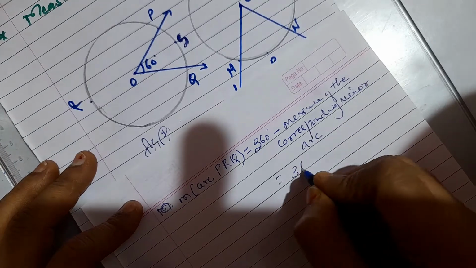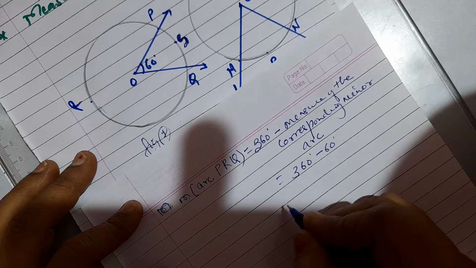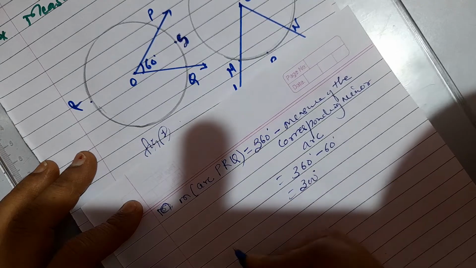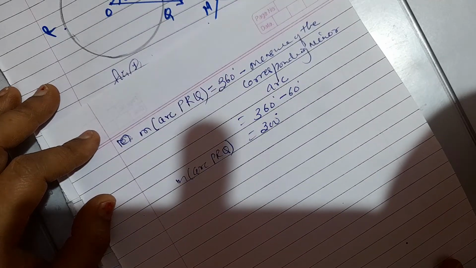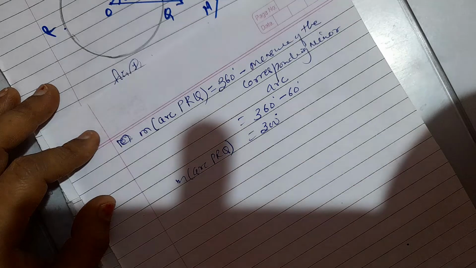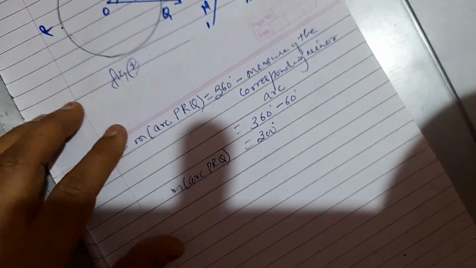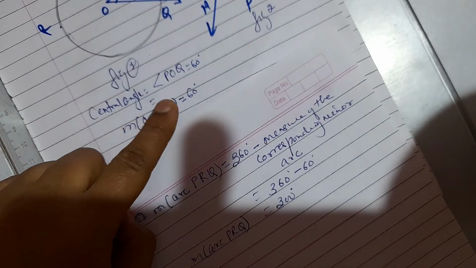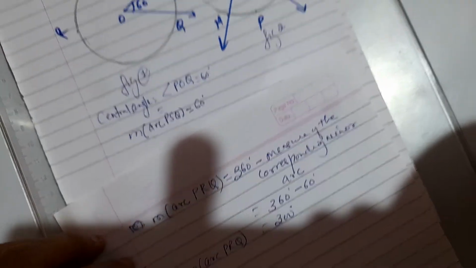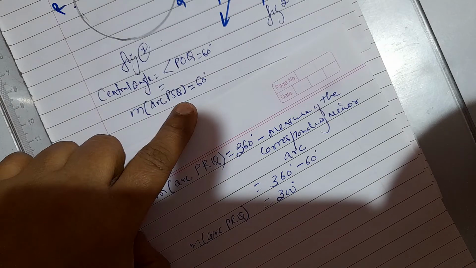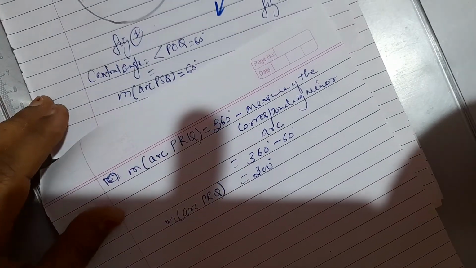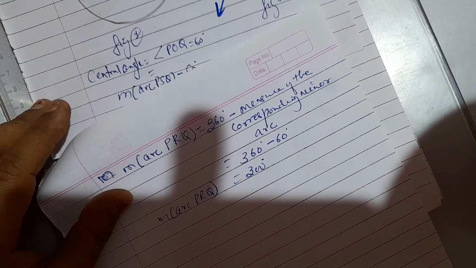So that is 360 degree minus 60, and that is equal to 300 degree. That is the measure of arc PRQ. So children, this much we have to do if we have to find the major arc, and these are the steps we have to write. Central angle POQ is 60 degree, the measure of the minor arc is 60 degree, and the measure of the major arc is 300 degree.